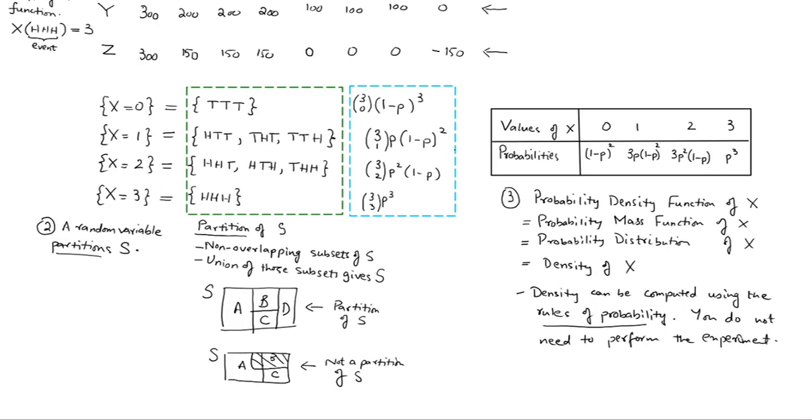See, the example that we're using over here has only 3 coin tosses. What if you had 300 coin tosses or 3,000 coin tosses or 1 million coin tosses? You could still come up with the density, the table, the probability density function, based on the rules of probability without tossing a single coin. So that's the benefit of computing these density functions. You don't need to perform the experiment. You have the probabilities with you.